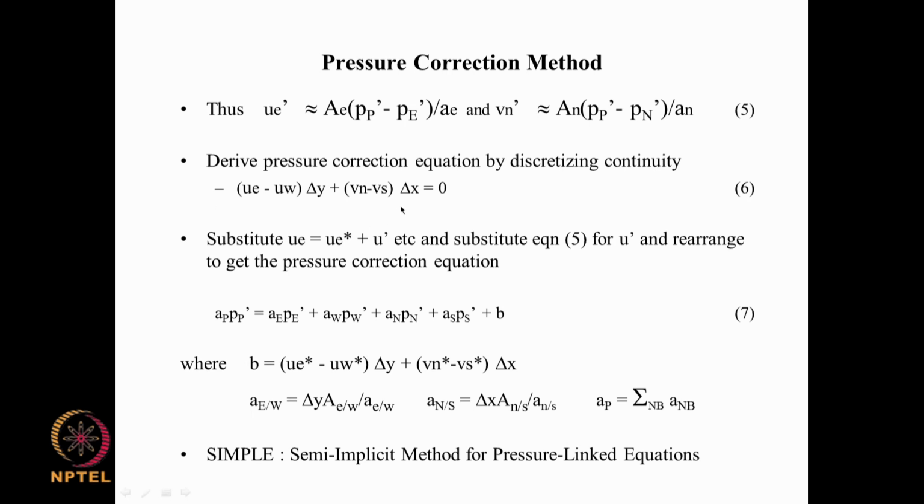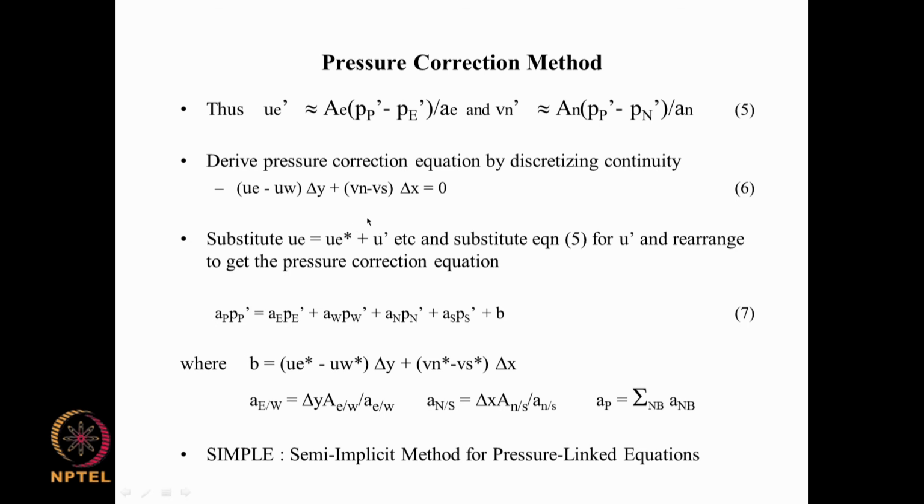This is the discretized continuity equation, and here we substitute u e equal to u e star plus u e prime, u w equal to u w star plus u w prime, v n equal to v n star plus v n prime, and v s equal to v s star plus v s prime. And what is the advantage?